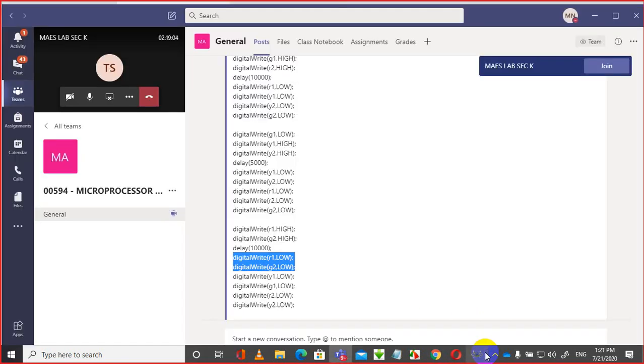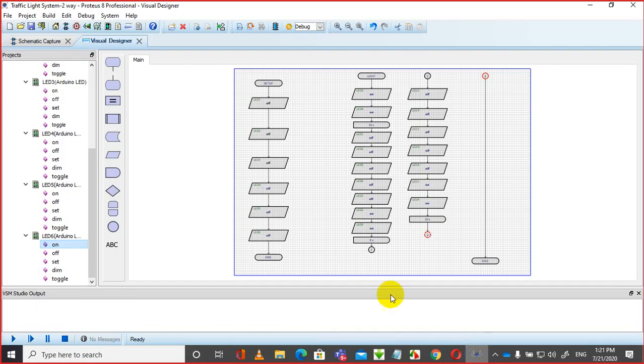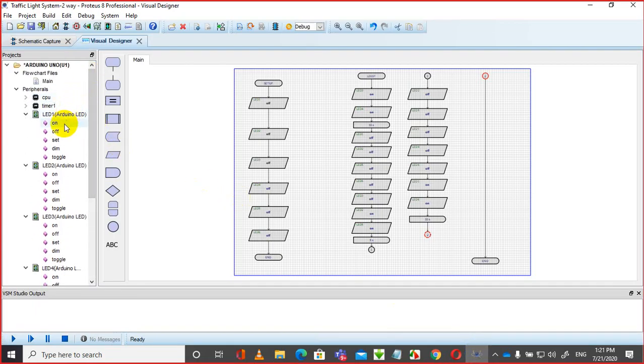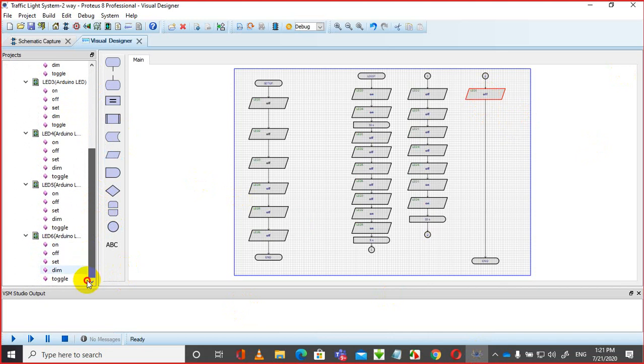So for the first lane red light is low, and for the second lane green light is low. Red light for the first lane is LED number 1, that is low, and for the second lane green light is LED number 6, that is low.